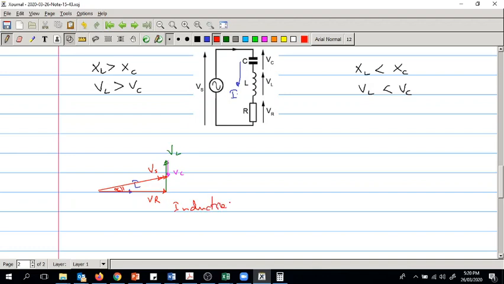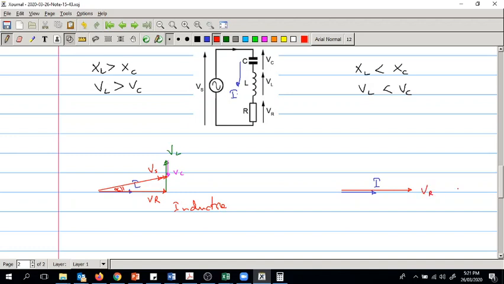Then the second case, we will take this relation, that is VL is smaller than VC. Again we will draw it using I as reference. We had to use I as reference, no option there. VR will be along the same direction because voltage and the current for the resistors are in the same phase.